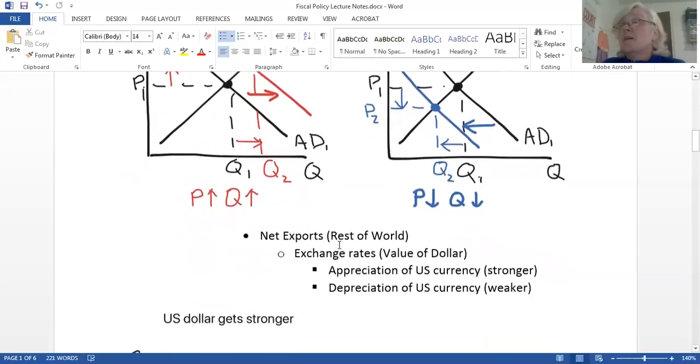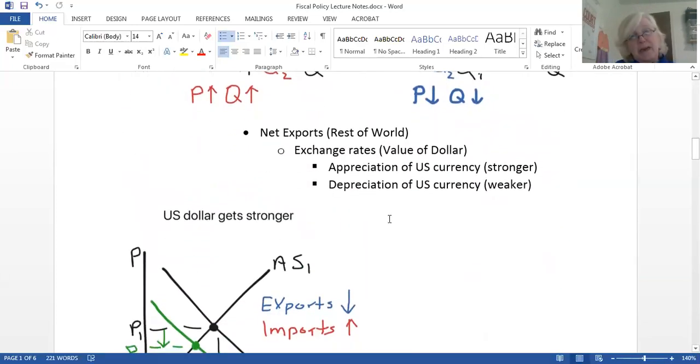All right. The last economic agent that is going to shift that aggregate demand curve is the rest of the world. And this could be either through the use of exports or imports. So what determines, to some extent, the amount of goods and services that are exported versus imported? Remember that difference between exports and imports is our trade balance.